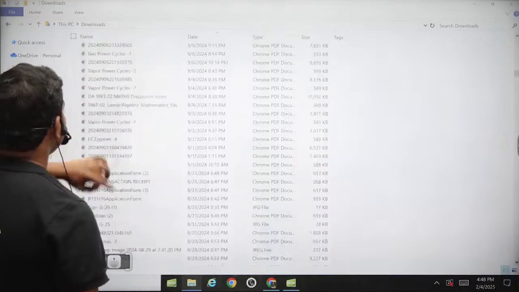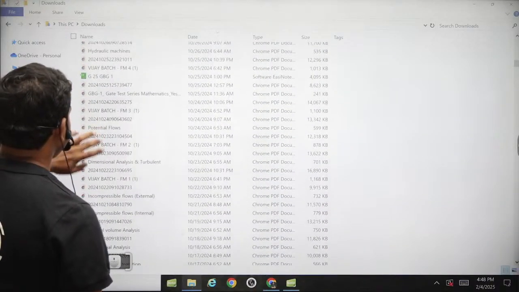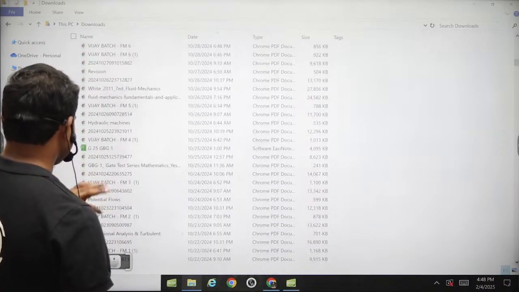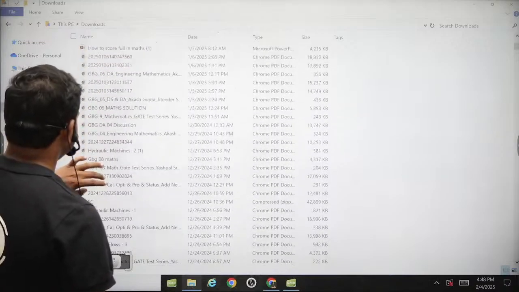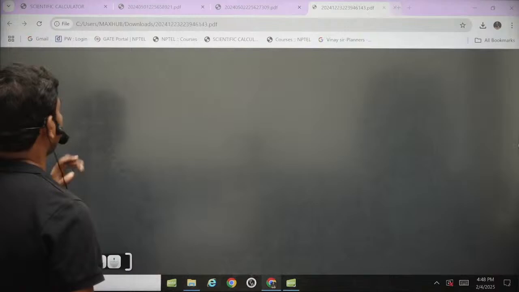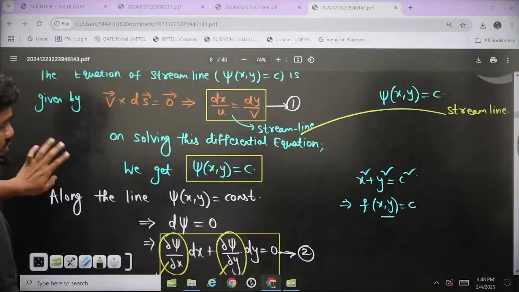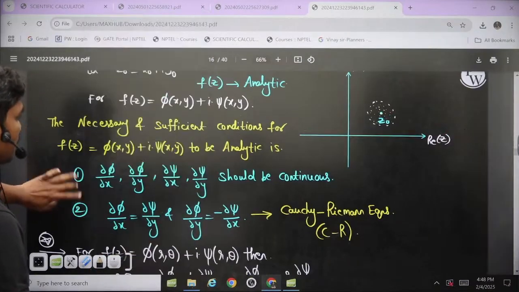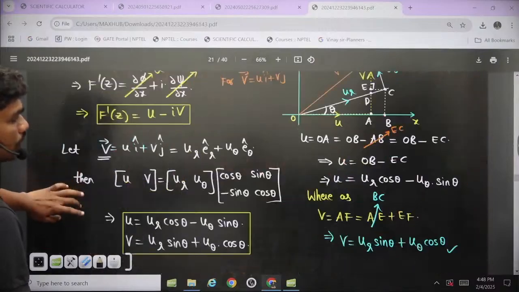Just a second. Potential flows. It's a clockwise vertex.